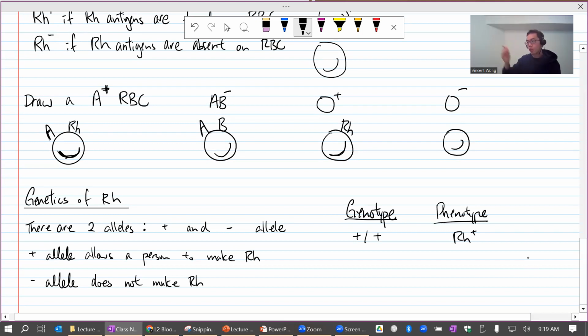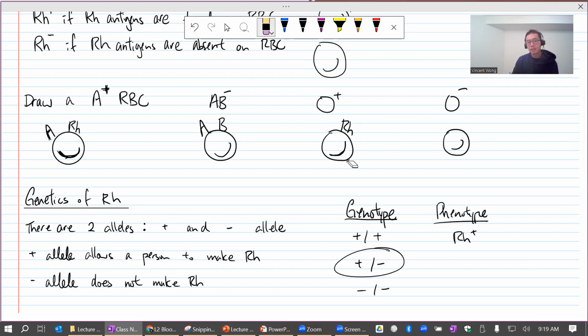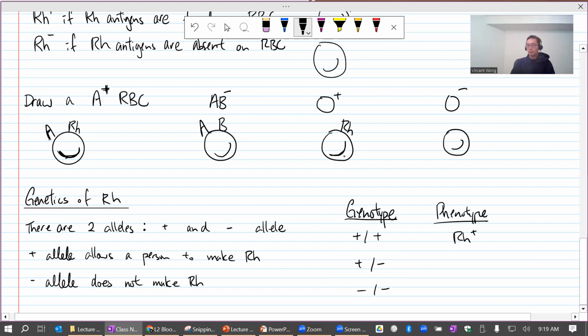What's another possible genotype? Positive, negative, and negative, negative. That's right. So positive, negative is heterozygous. Negative and negative is homozygous. Does this person have RH? Are they positive for RH or what? Which one is dominant?